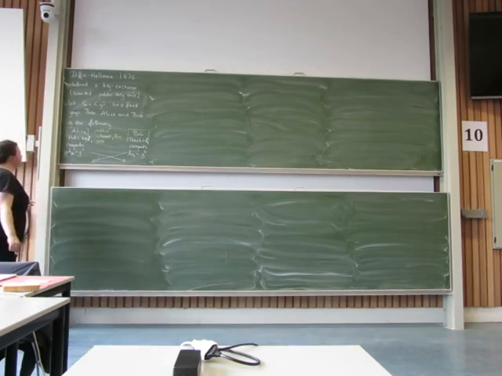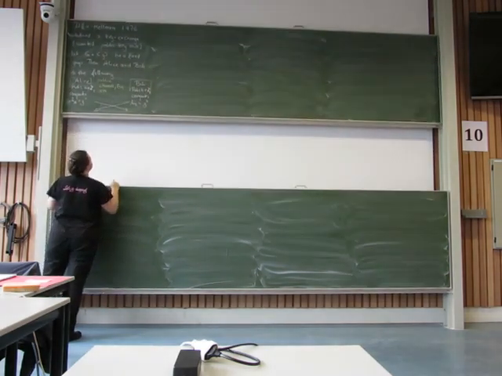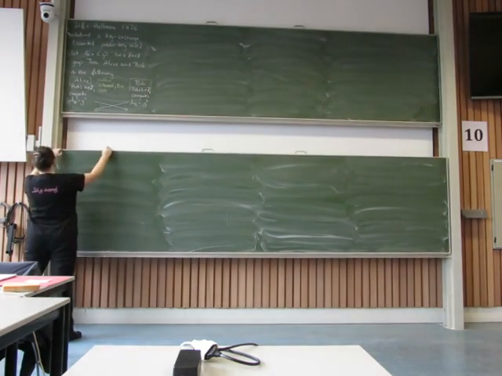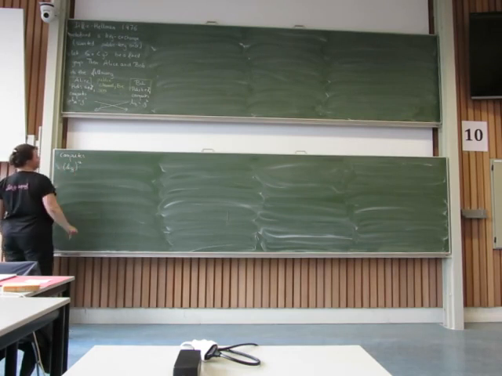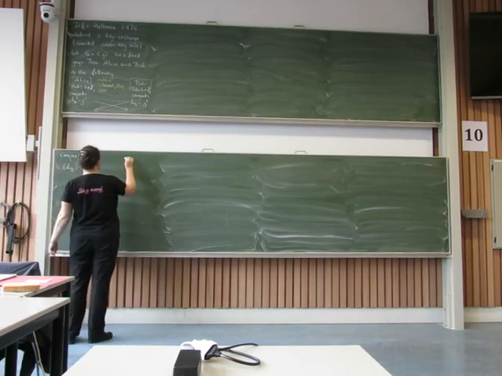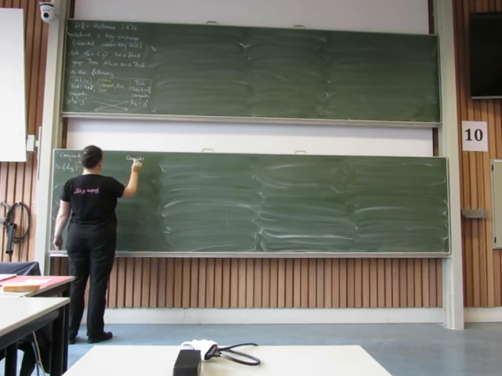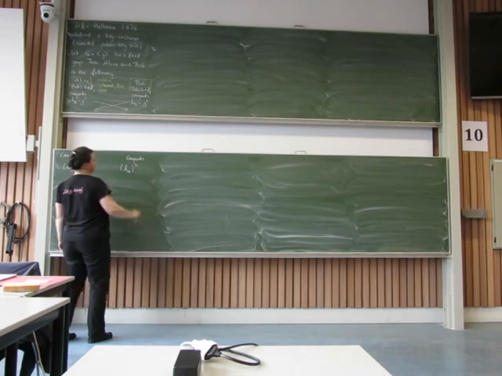And now Alice computes, so she got Bob's value, this H sub B, and she computes this to the little a, which she knows. And Bob similarly computes H sub A to his little b.